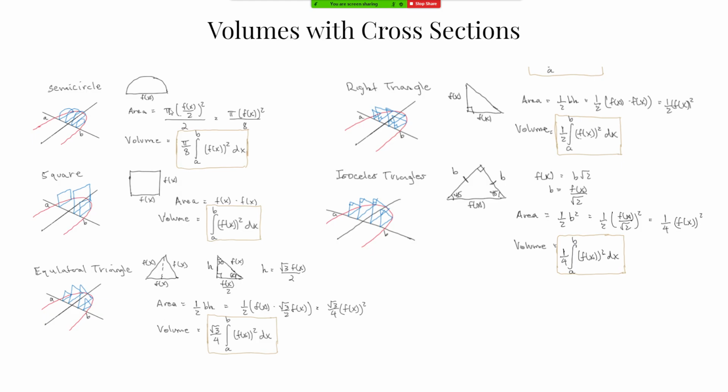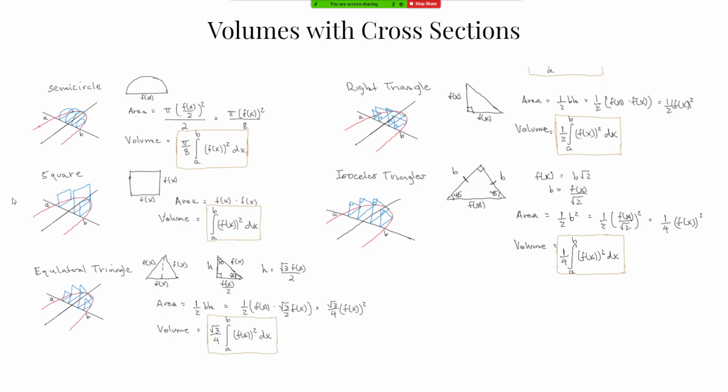For each semicircle, the base is the function, right? So the area is pi r squared divided by 2, and the radius is f of x divided by 2. So it becomes f of x squared divided by 4, and then the 4 is in the denominator, so it becomes pi over 8.